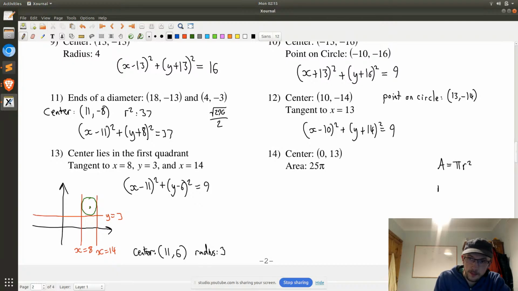And so this is the square root of a over pi, which in this case 25 pi over pi is 25. Root that, you get 5. So radius is 5. So it'd be x squared plus y minus 13 squared equals 25, just like that.